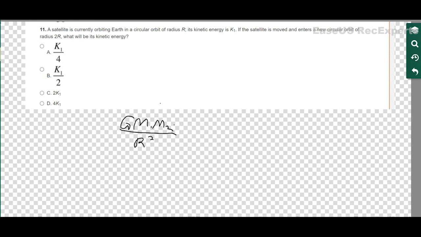Now this is equal to your centripetal force, right? So your centripetal force, as we know, has this as its formula, m v squared over r. But the reason it's m2 over here is because, you gotta remember, we have this planet over here, or this moon or something.